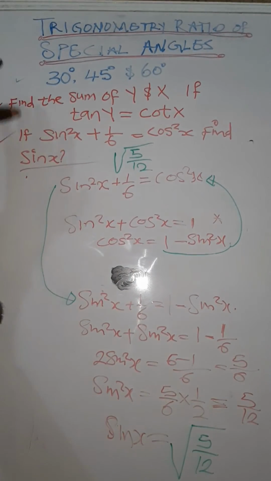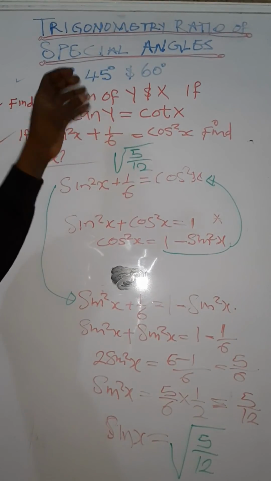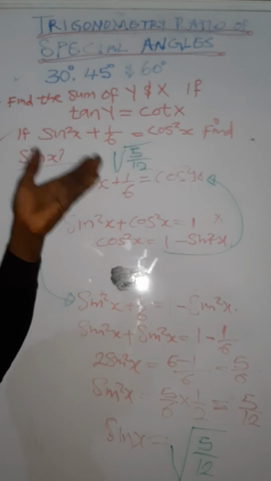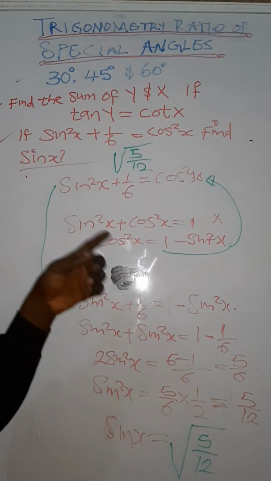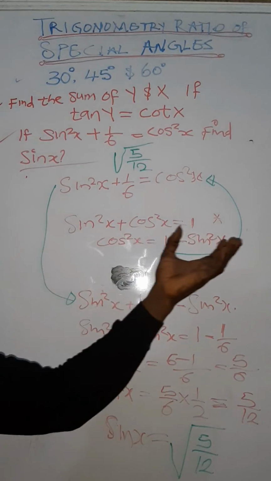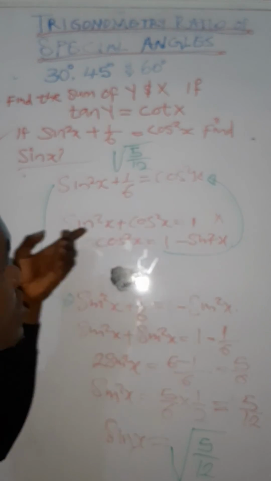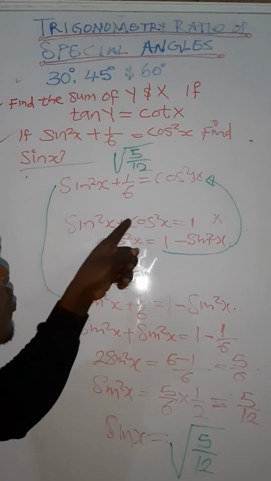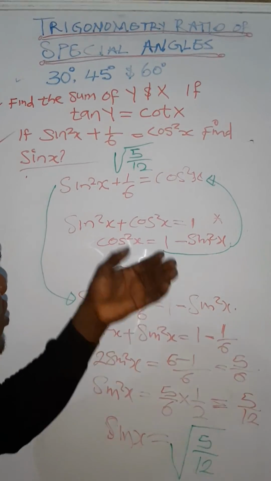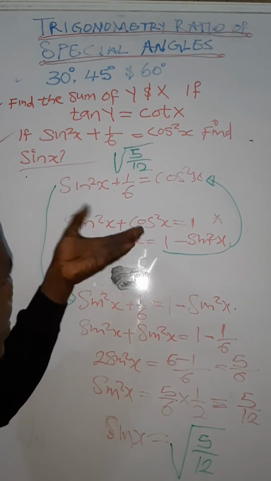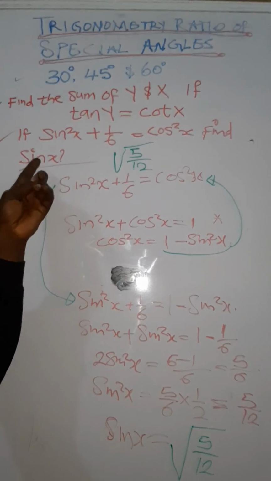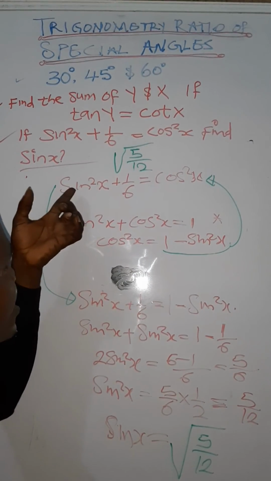In handling this type of question, the first thing deals with special angles. Here too, for me to find sine x, I have to recall this law that says sine square x plus cos square x is equal to 1. From there, if I'm to find sine x, I will eliminate cos x.